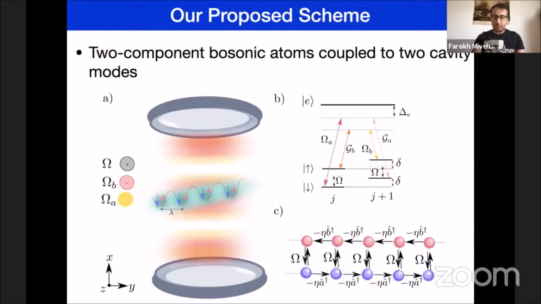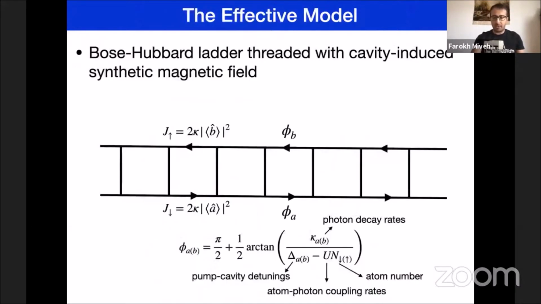So this system is equivalent to a two-leg Bose-Hubbard ladder threaded with a cavity-induced synthetic magnetic field. As you can see in the figure, the counter-propagating currents in the two legs are proportional to the photon number in the corresponding cavity modes.